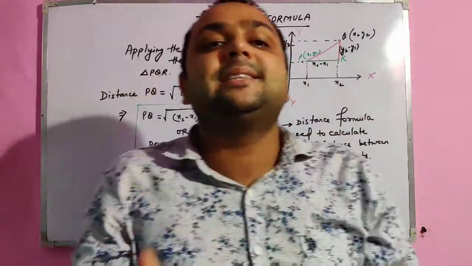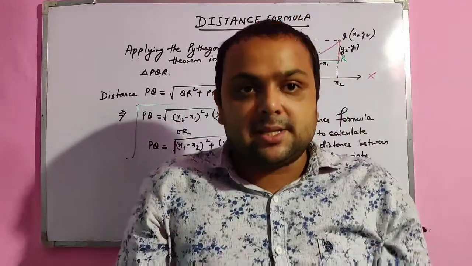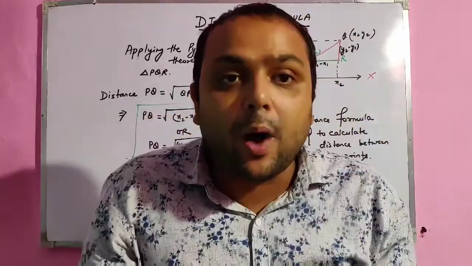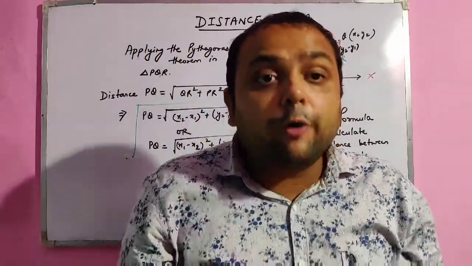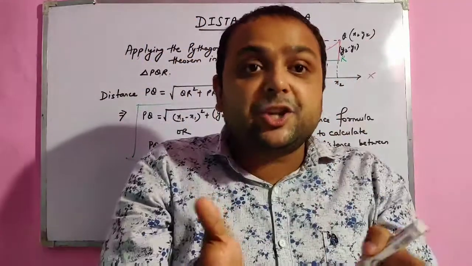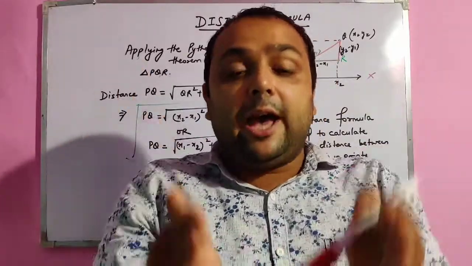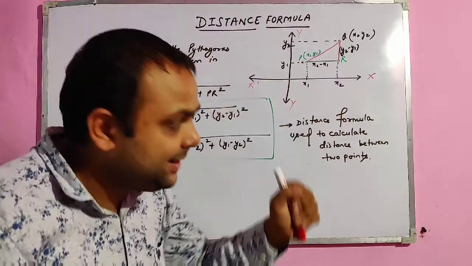So x2 minus x1 or x1 minus x2 whole square plus y2 minus y1 or y1 minus y2 whole square, under root. So the square root of the subtraction of x1 and x2 whole square plus y1 and y2 whole square will give us the distance between 2 points.